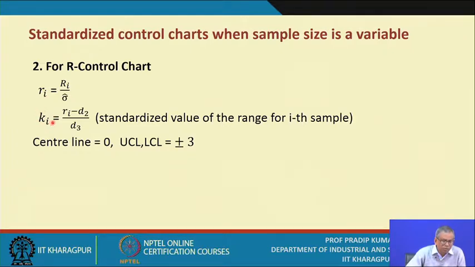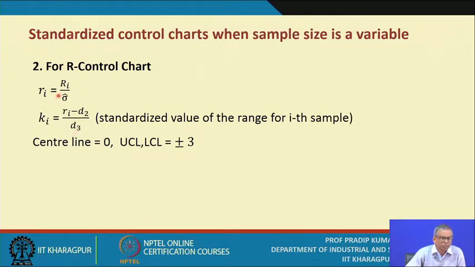Once you have this, you can calculate the standardized value, referred to as Ki, equal to Ri minus D2 divided by D3. This is the mean of the relative range, which is a function of the sample size, and D3 is the standard deviation of the relative range.